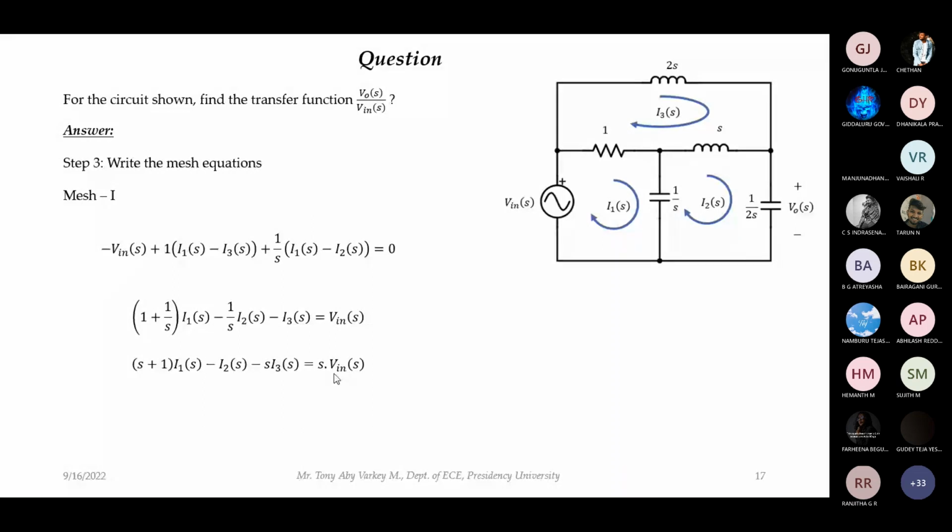Now mesh 2. Can someone tell the mesh 2 equation?